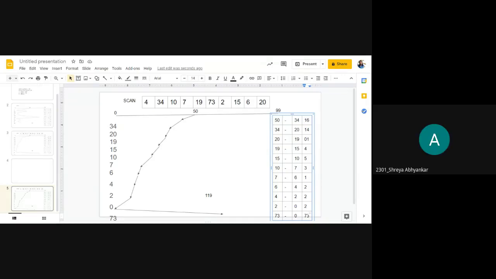120. Is it 120 or 123? See, it is 119. To 119, you have to add 2.